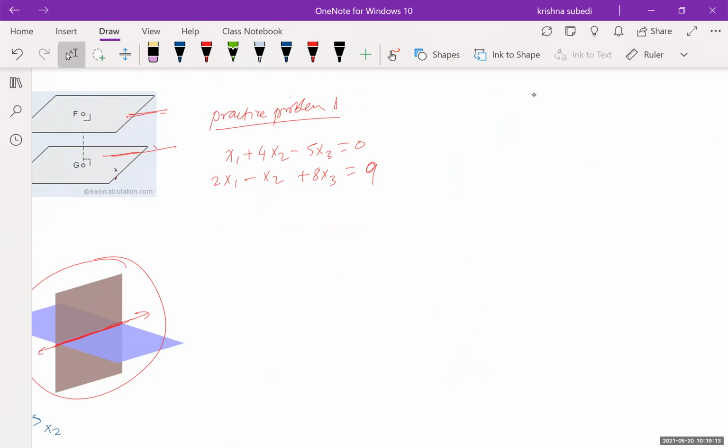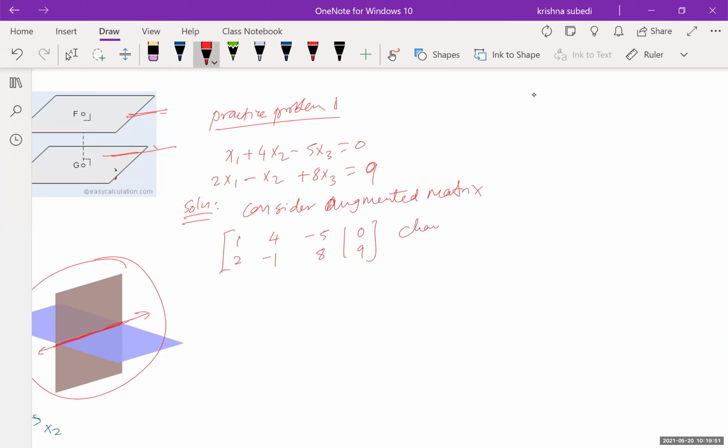Now, for whether they intersect or not, whether the system is consistent or not, what we do is consider the augmented matrix again, which is 1, 4, minus 5, 0, 2, minus 1, 8, 9.